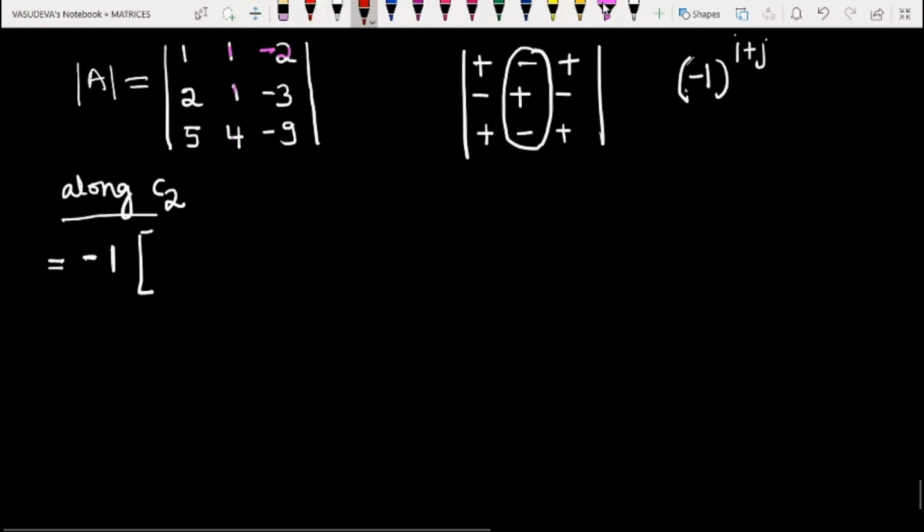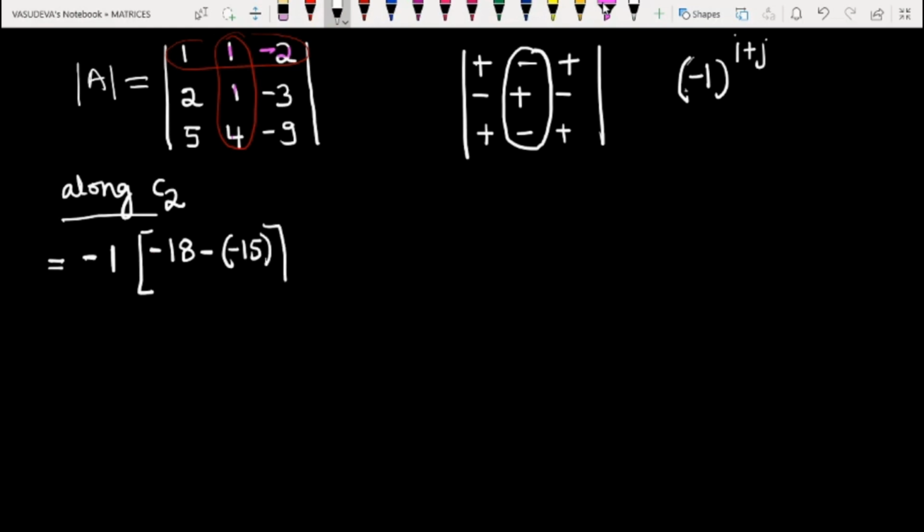Leaving the first row and second column, the remaining elements are 2 into minus 9, that is minus 18, and next 5 into minus 3 is minus 15. 5 into minus 3 is minus 15.